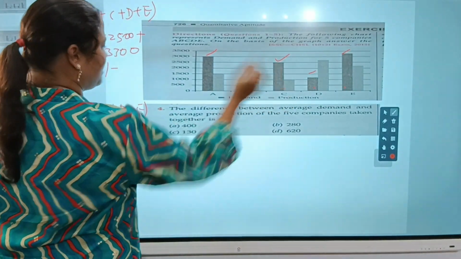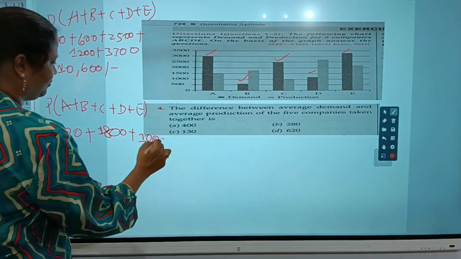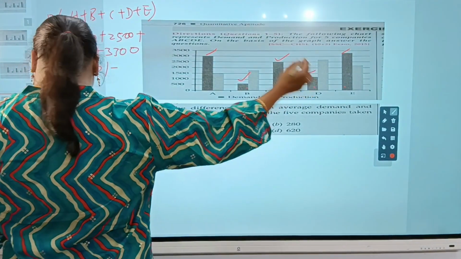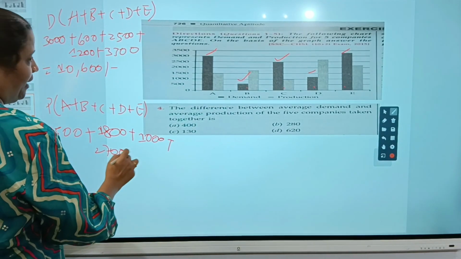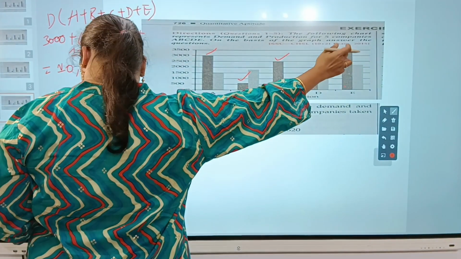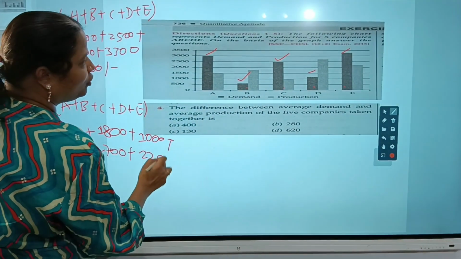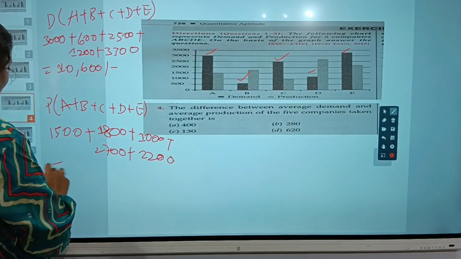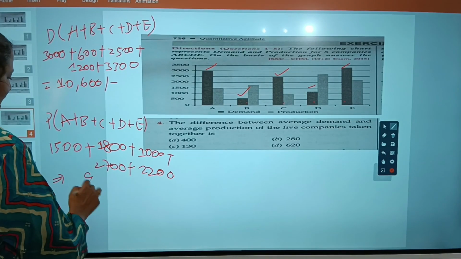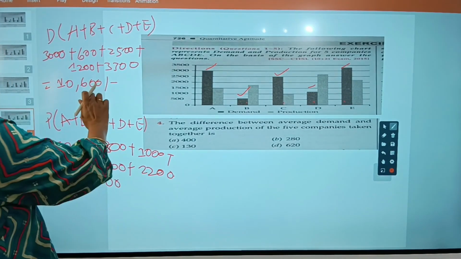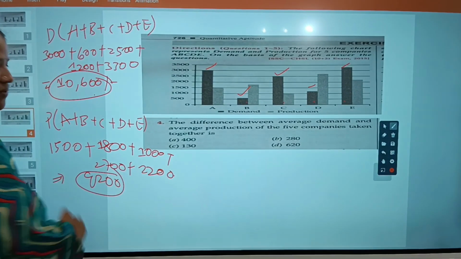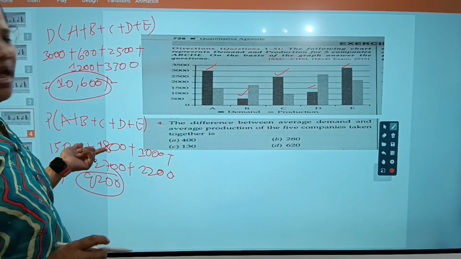For C it is 1000. D it is 2700. For E it is 2200. So it will come around 9200.